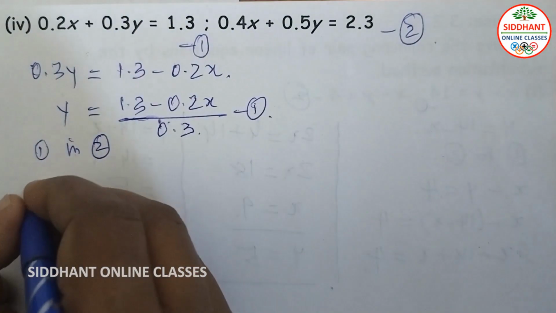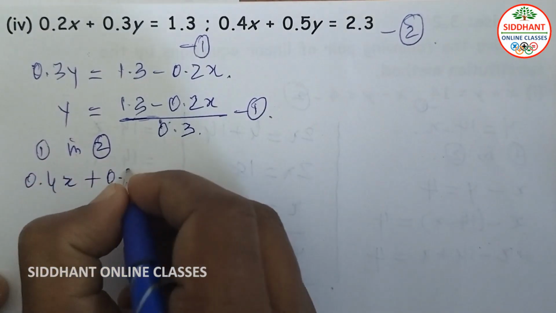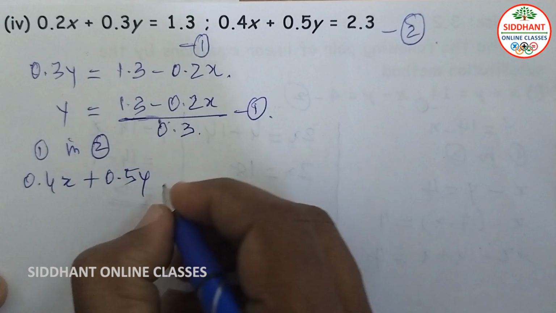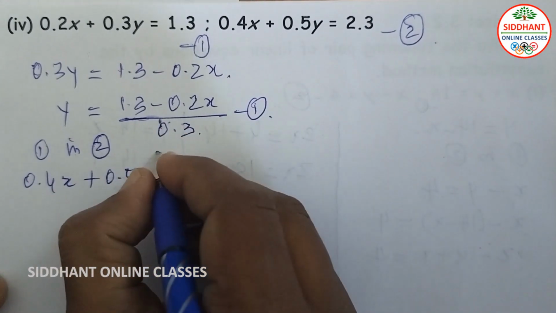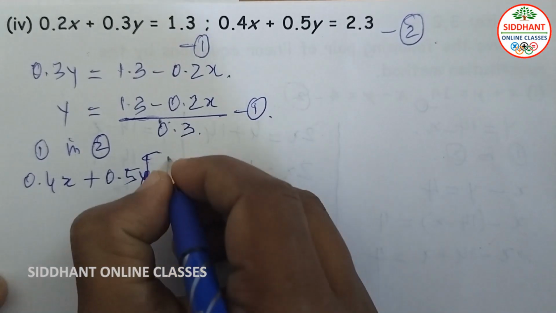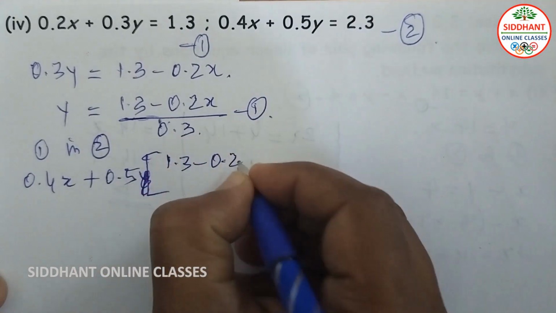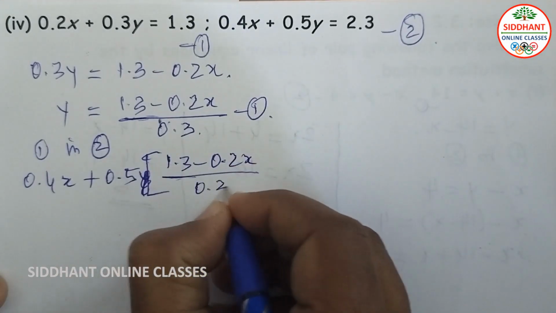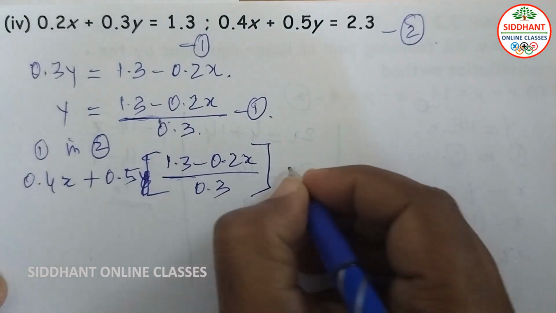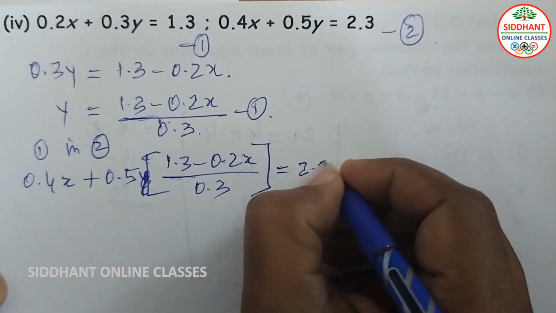So we get 0.4x plus 0.5y, where y is this value, so here we keep (1.3 minus 0.2x) by 0.3, that equal to 2.3.